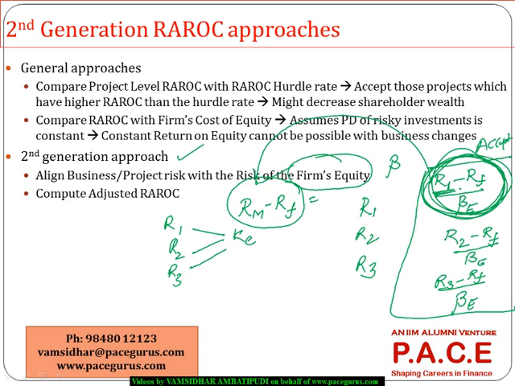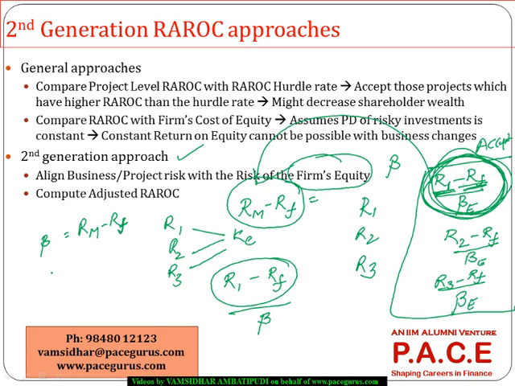I am looking at how much excess return it is generating. So this project is generating an excess return of R1 minus RF. But that is if I adjust it with respect to beta, because if a firm has an equity risk of beta, it should generate a minimum excess return of RM minus RF.